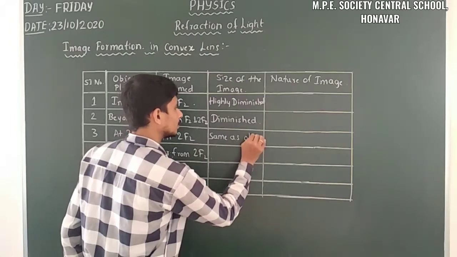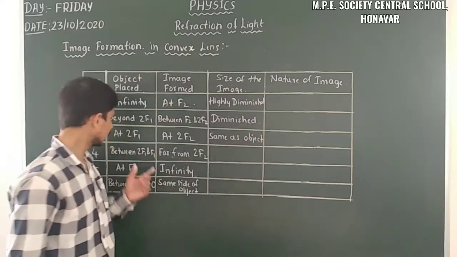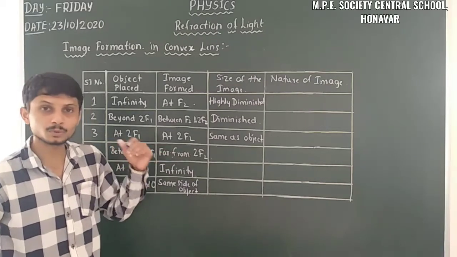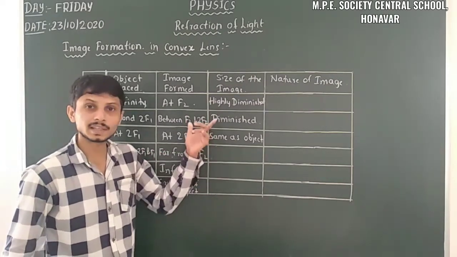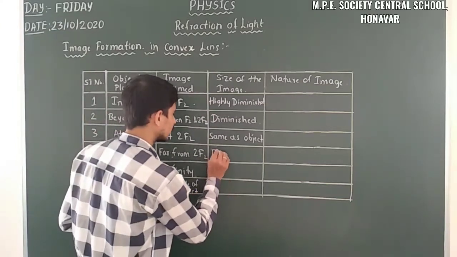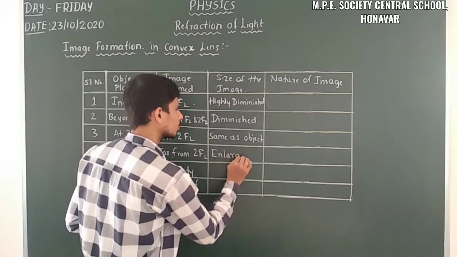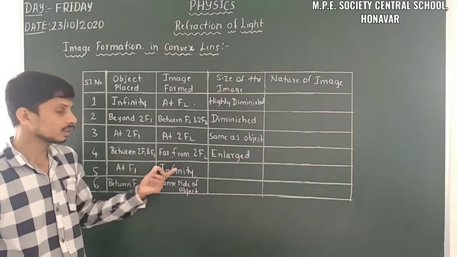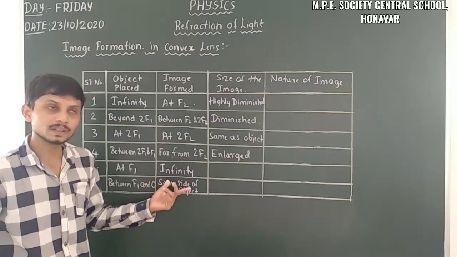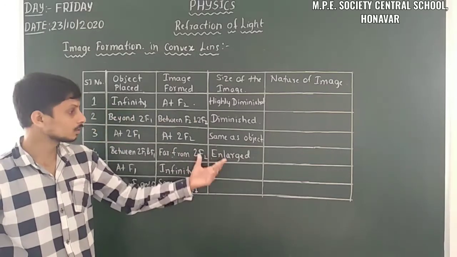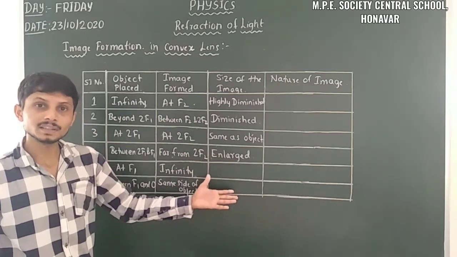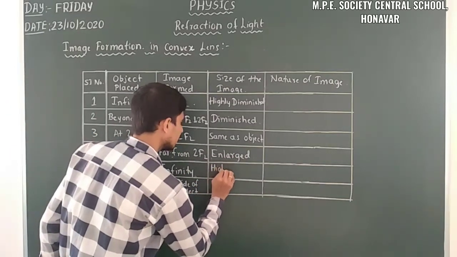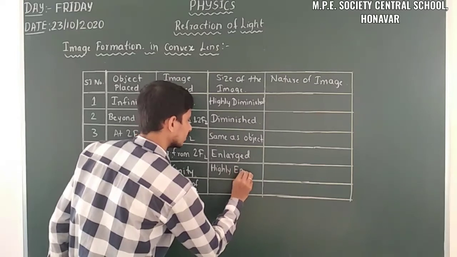Then between 2f1 and f1, we get the image beyond 2f2, and the size of the image is enlarged compared to the size of the object. At f1, the image is formed at infinity, and it is highly enlarged.